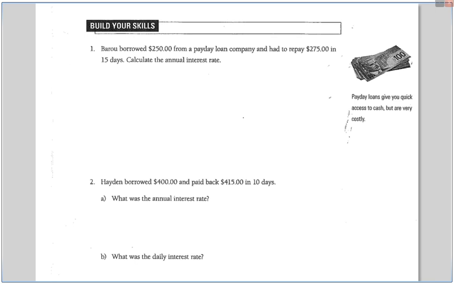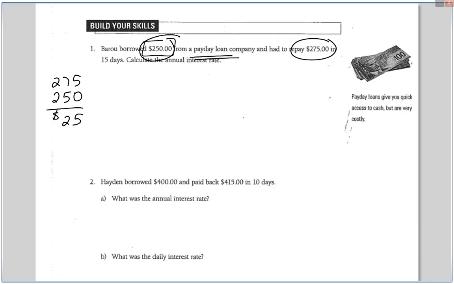So this guy borrowed $250 from a payday loan company and had to repay back $275. So if you think about it, the charge for this was $25, which is pretty reasonable. I mean, you're borrowing $250 and the price to provide that service to you is going to be 25 bucks, because basically you repay 275 instead of repaying 250.